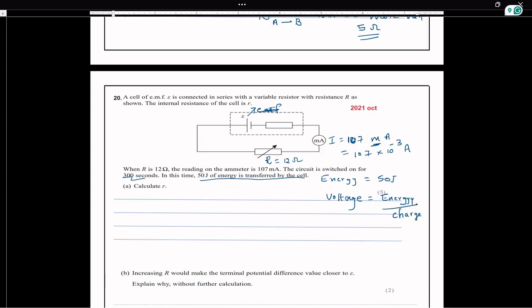So this is the equation for voltage. Here the cell transfers 50 joules of energy, so the EMF equals energy transferred divided by the charge. Let us write it as capital Q.